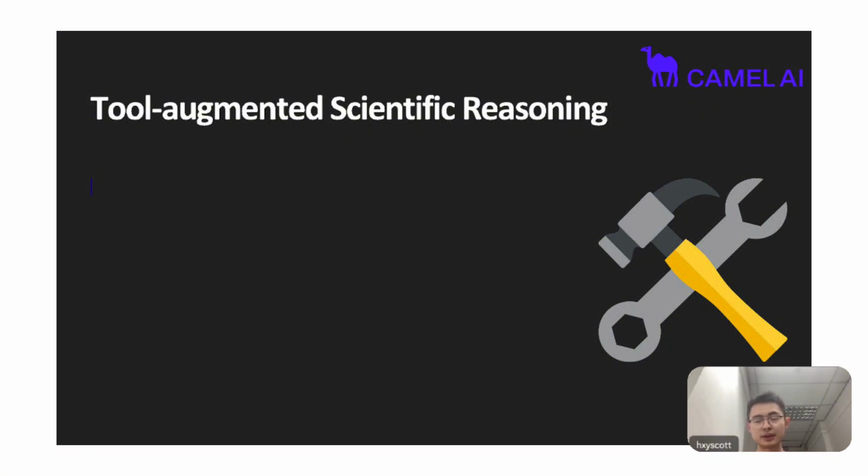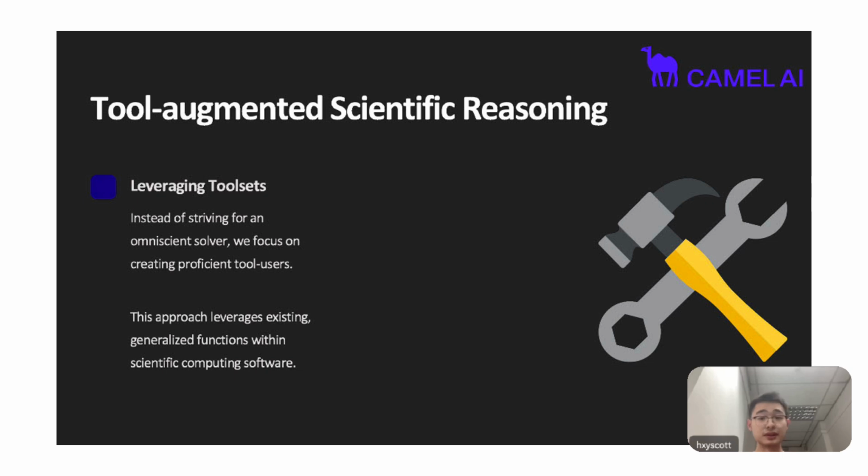So the paper presented a new way of doing scientific reasoning, which is called tool-augmented scientific reasoning. The whole idea is, how does a human learn how to do the work? Of course, you still need to learn basic scientific knowledge and basic domain knowledge, but most importantly, you know how to use tools to solve a specific problem.